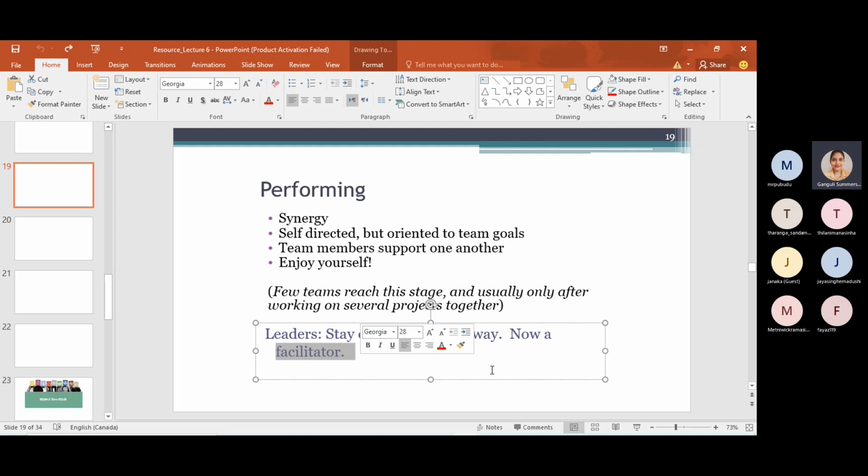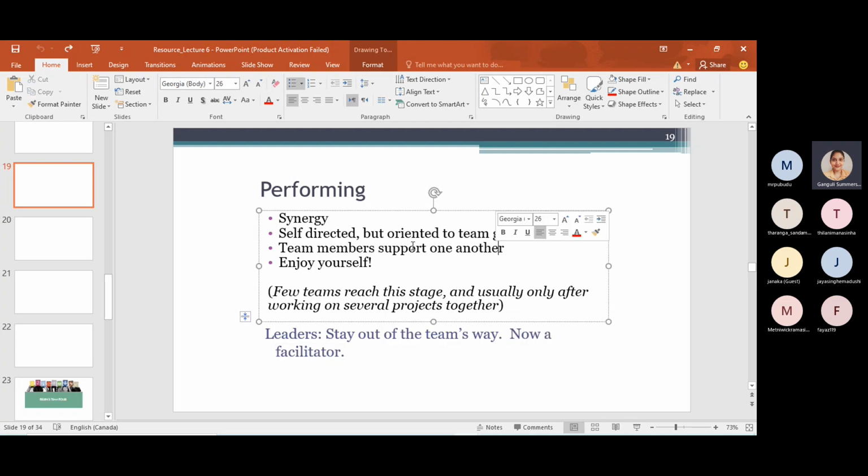Facilitator means a supporter. So if support is needed, you provide your support. But if not, you do not interfere with anything. You stay out. But if support is needed, then you come in and support, and then you go back. If support is needed again, then you come back and provide the support, and then you go back. This is how a leader should behave during the performing stage.